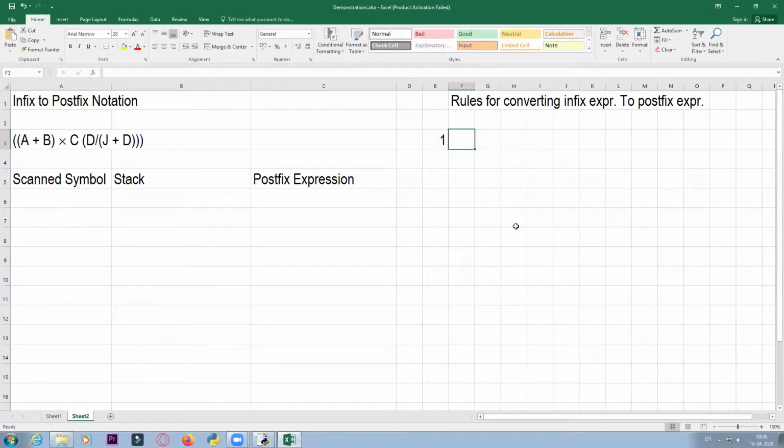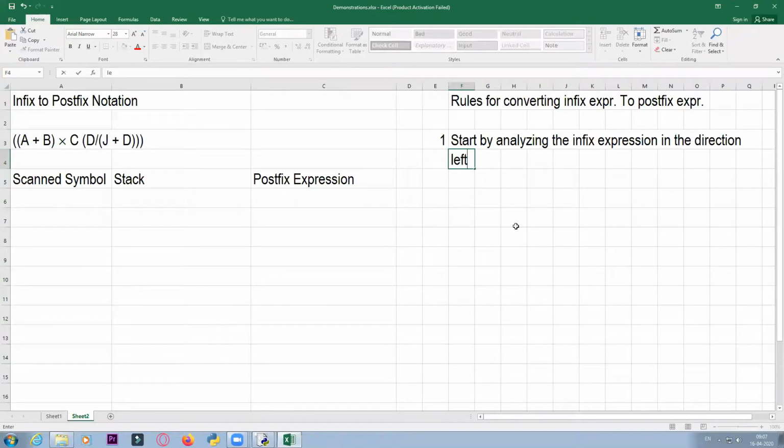Now, when we are using a stack for doing it, we start by analyzing the infix expression in the direction left to right. So we start analyzing the infix expression from left to right.